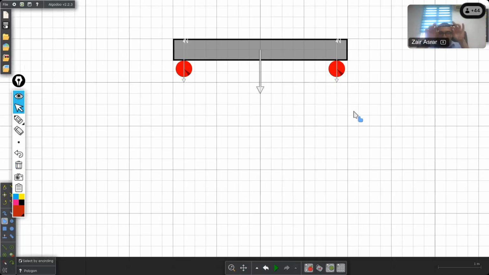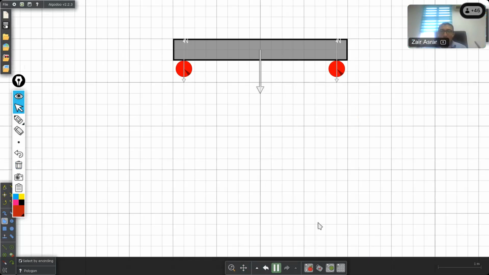Will it fall down? Anyone? No, sir. Definitely it will not fall down. Common sense tells you that it will not fall down.